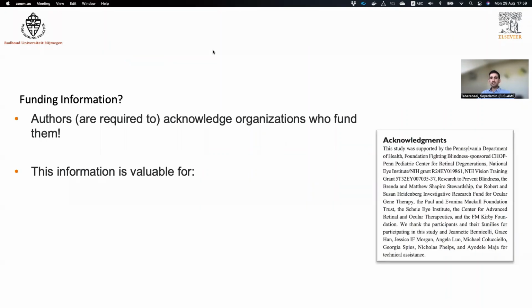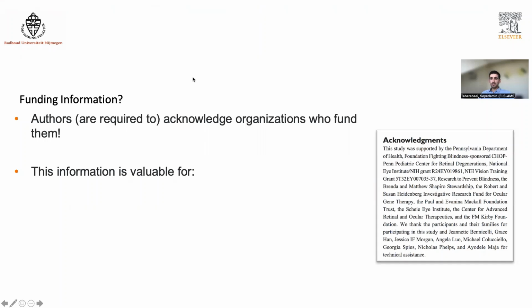But why is this information valuable for the scientific community? First of all, it enables the researchers to find out which funders in their region or country are active in their specific domain. Suppose you are a scientist who wants to start a new research and is looking for funding.